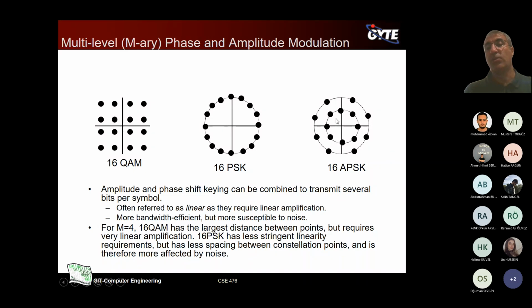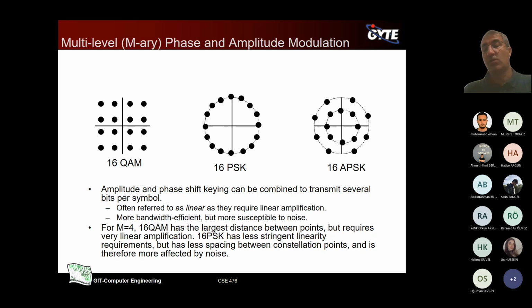The remaining 8 points are within the inner circle. So we can combine amplitude and phase shift keying to transmit several bits per symbol. In this case, 4 bits per symbol, if you are using 16 constellation points. And this also requires linear amplification.